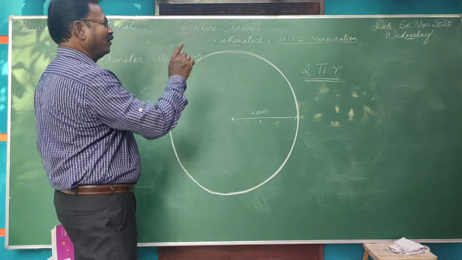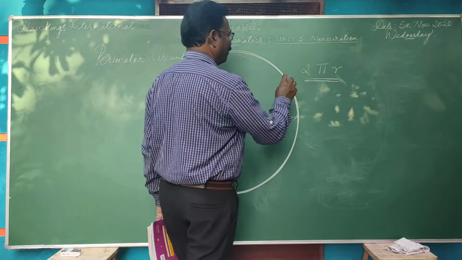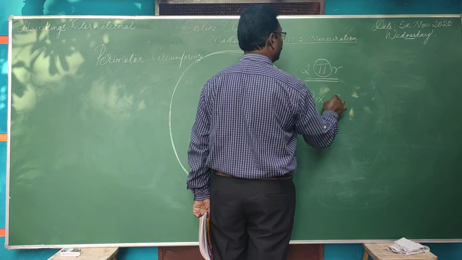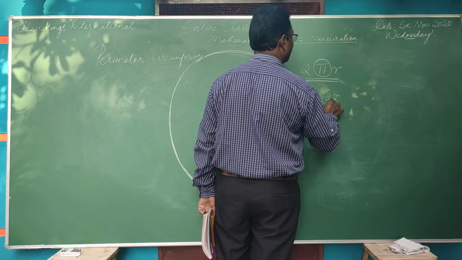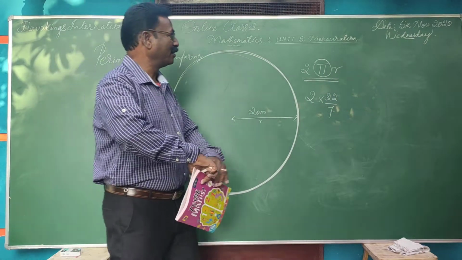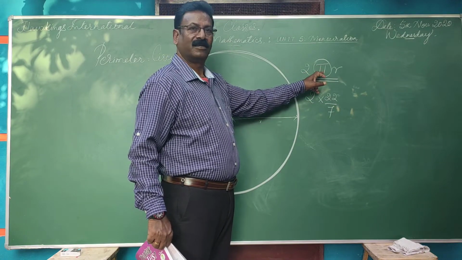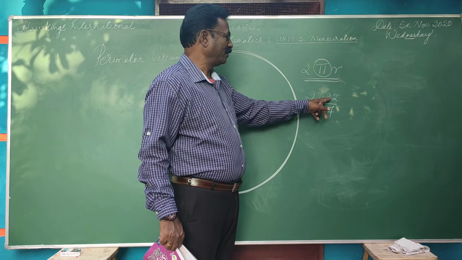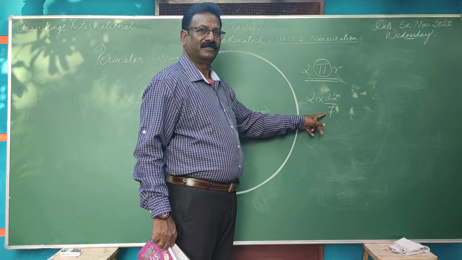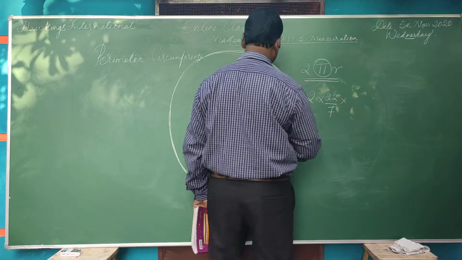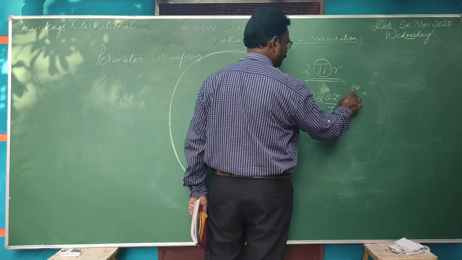By using this formula, we can find out: 2 into the pi value, which is 22 by 7. You must remember, whenever the symbol pi is written, its value is 22 by 7. Okay? And into radius 20 meters.